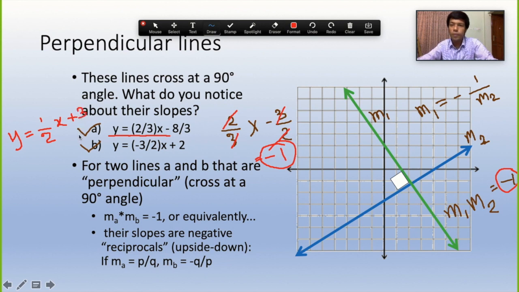So what will be the slope of a line perpendicular to this line?